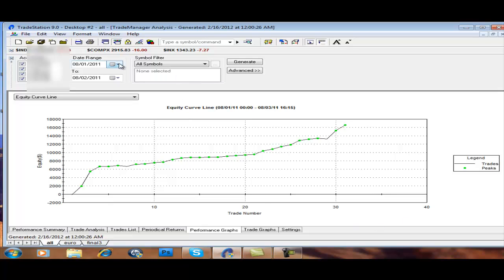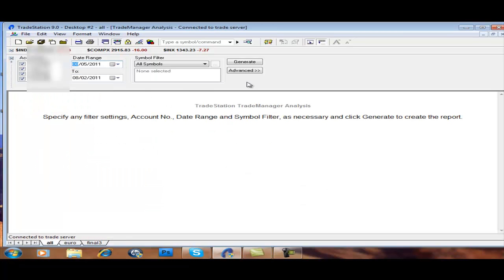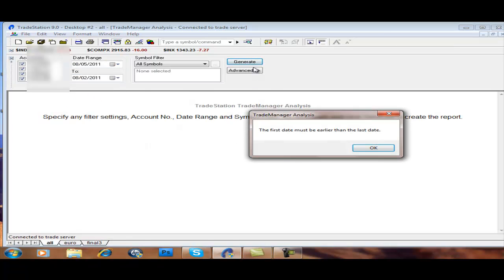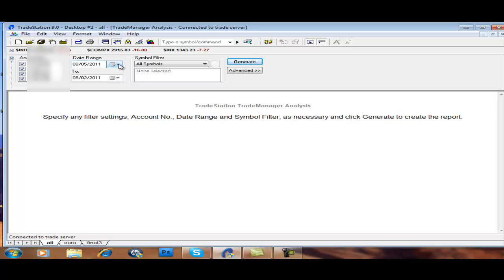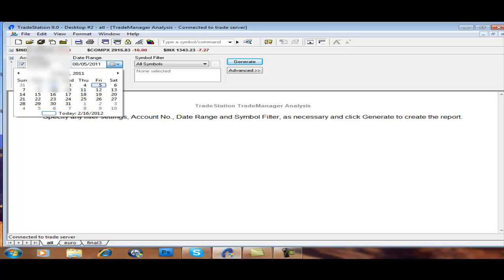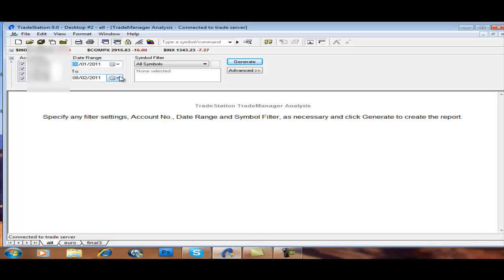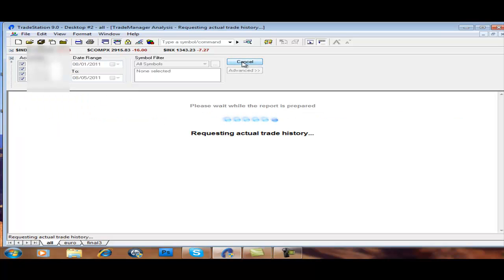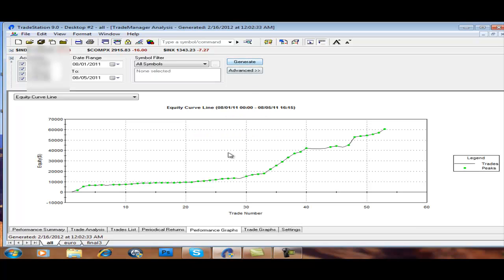Let's show the entire week in August there. This is another performance graph here. So 50 some trades here, 53 trades for the week of August 1st to August 5th.